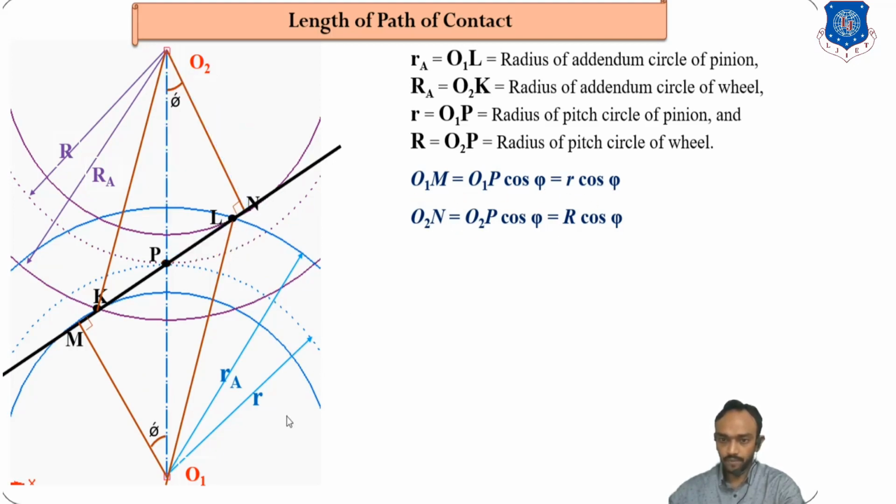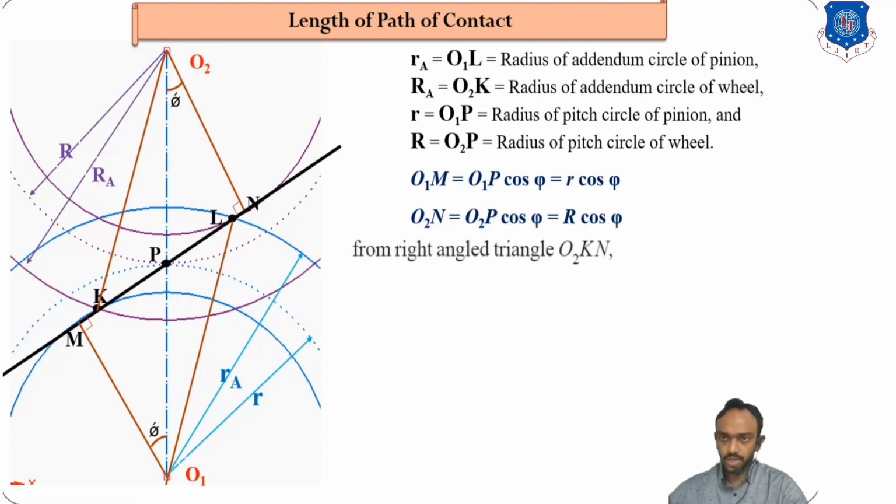I will show you from this O1PM triangle, where you know this is the small r and the angle is phi, then it will be r cos phi, and here MP, which we'll use in our next steps, is r sin phi. Okay, remember that small r sin phi is MP.